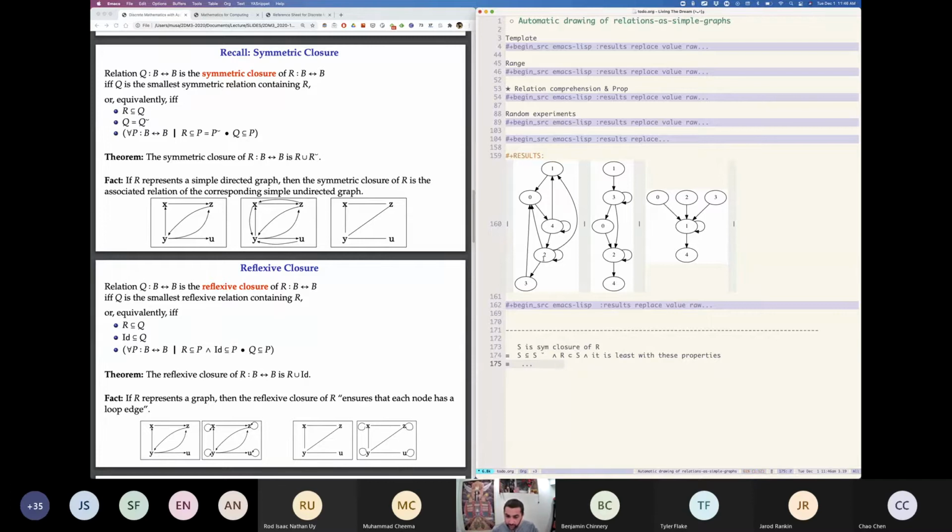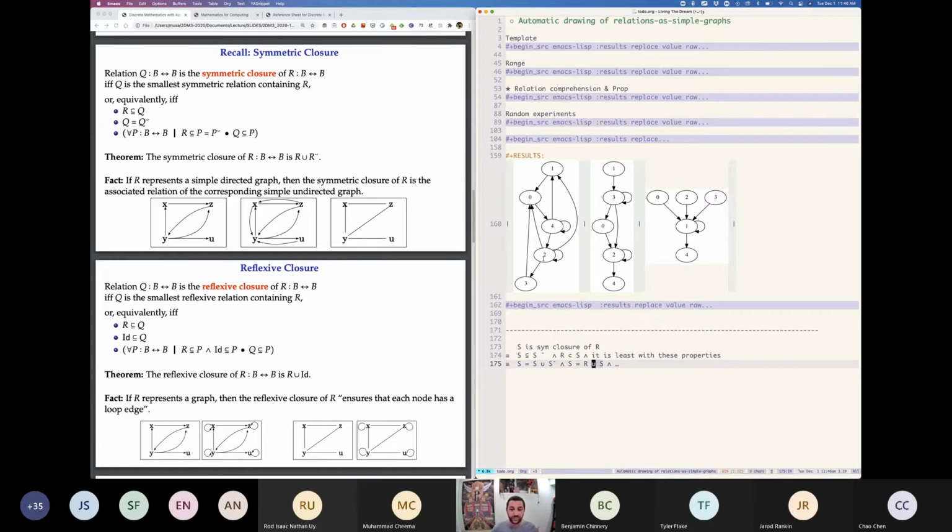Then you'll notice this part right here tells us that S is the same thing as S union S converse. Remember, inclusions can always be phrased in terms of unions. So now we have a recurrent relationship for S. And down here, the second part tells us that S is the same as R union S. And this last part as well.